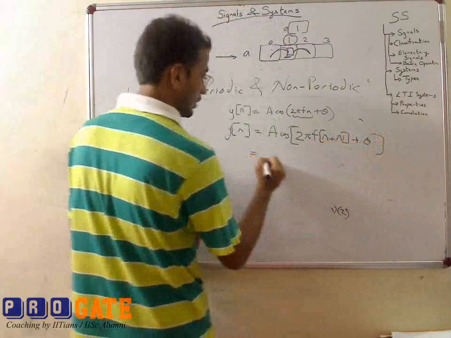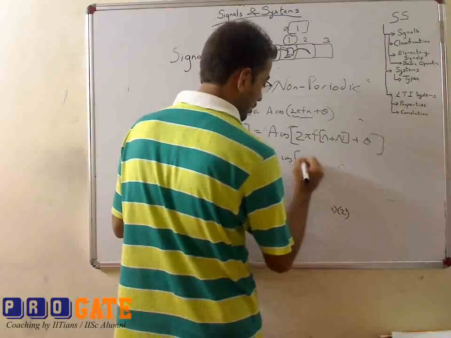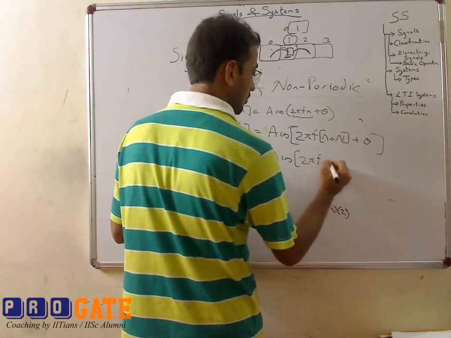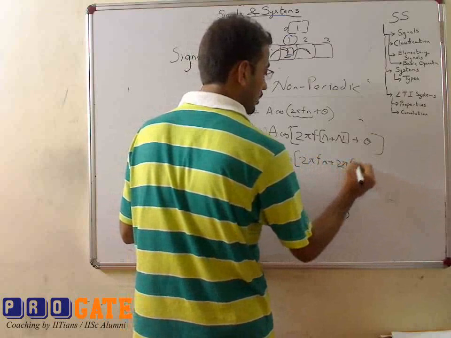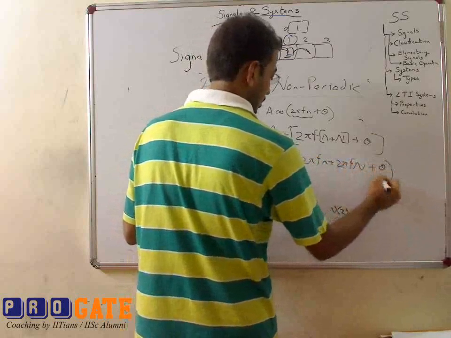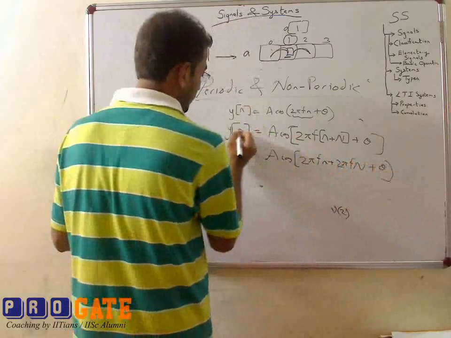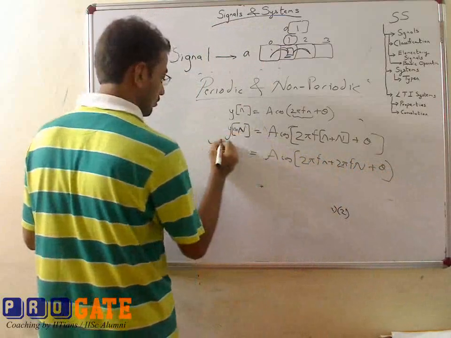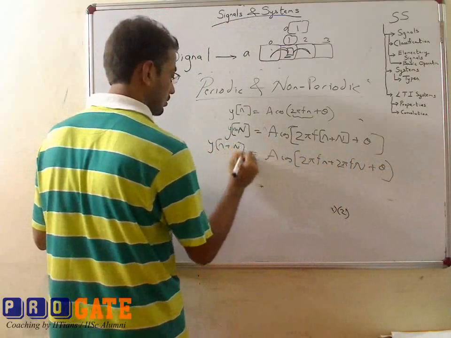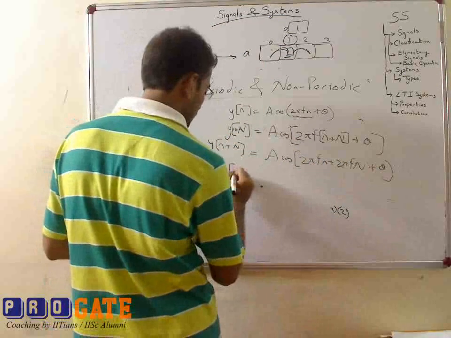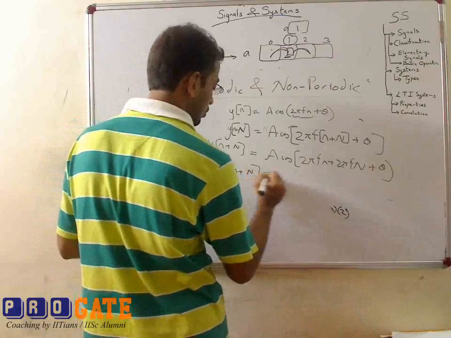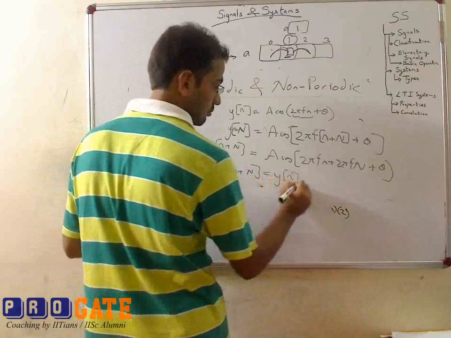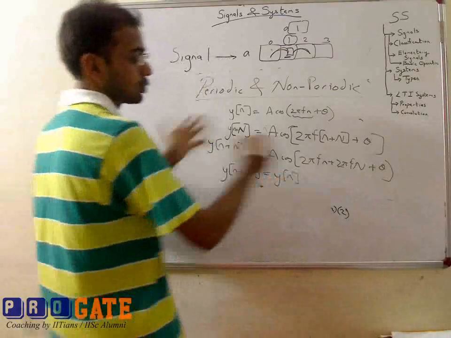Now, further simplifying, I get 2 pi f n plus 2 pi f capital N plus theta. Now this signal y[n plus capital N] should be equal to my original signal, because it is periodic. So after this, it should repeat.